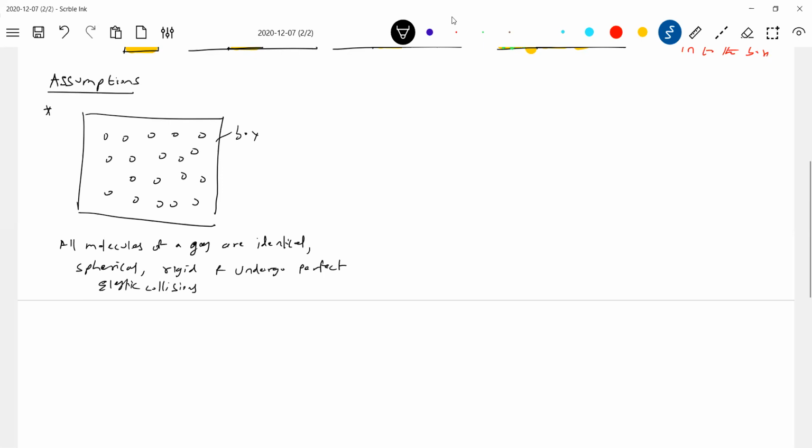So they must be spherical. This is the thing. All the molecules. So one molecule like this, one molecule like that. All molecules are identical, spherical in shape, rigid, and undergo perfect elastic collision.